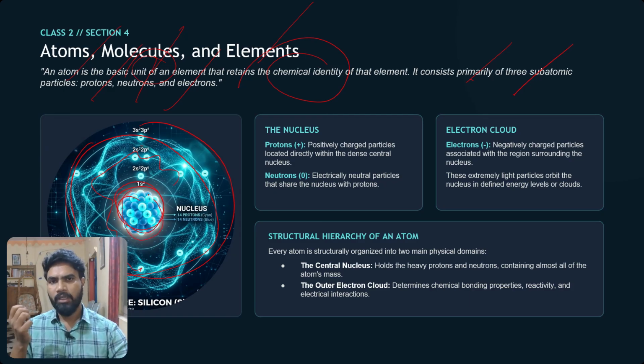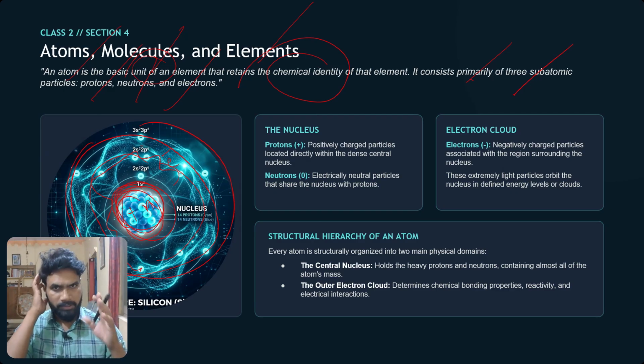You know very well that all the mass of the atom is concentrated in the nucleus, and here you will see protons and neutrons in the nucleus. Then in the rest of the body of the atom, you will see electrons roaming in different orbits. That is how the structure of the atom is.